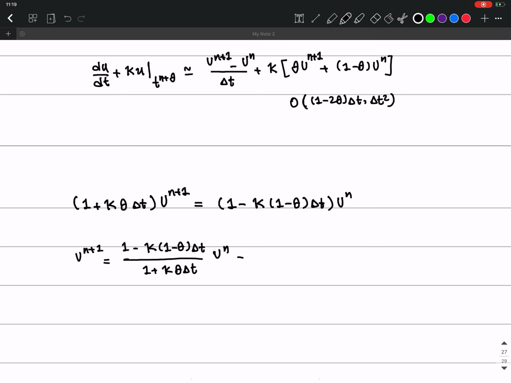Okay, and we can just write it as lambda times un.